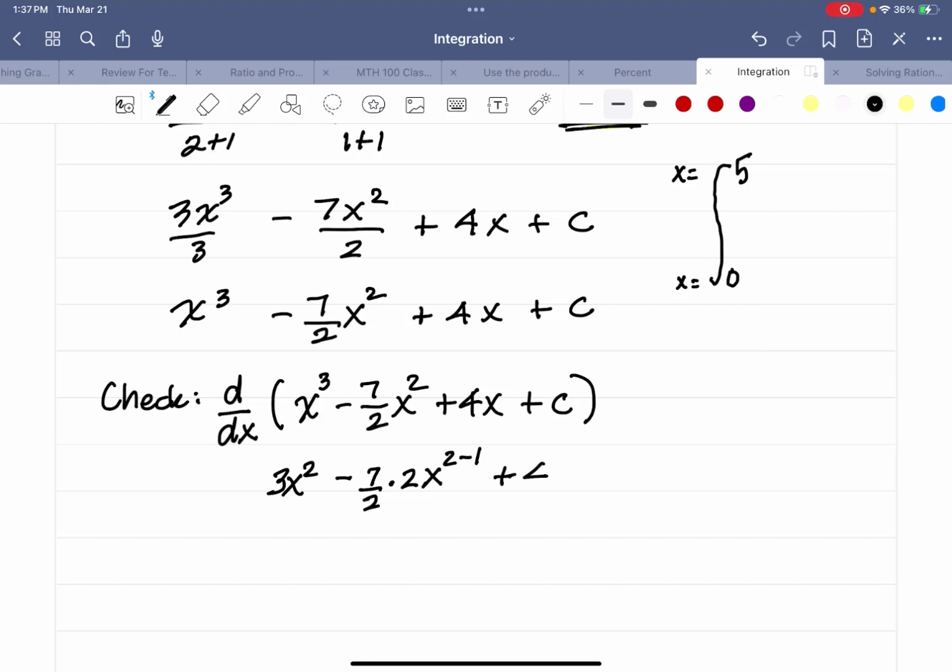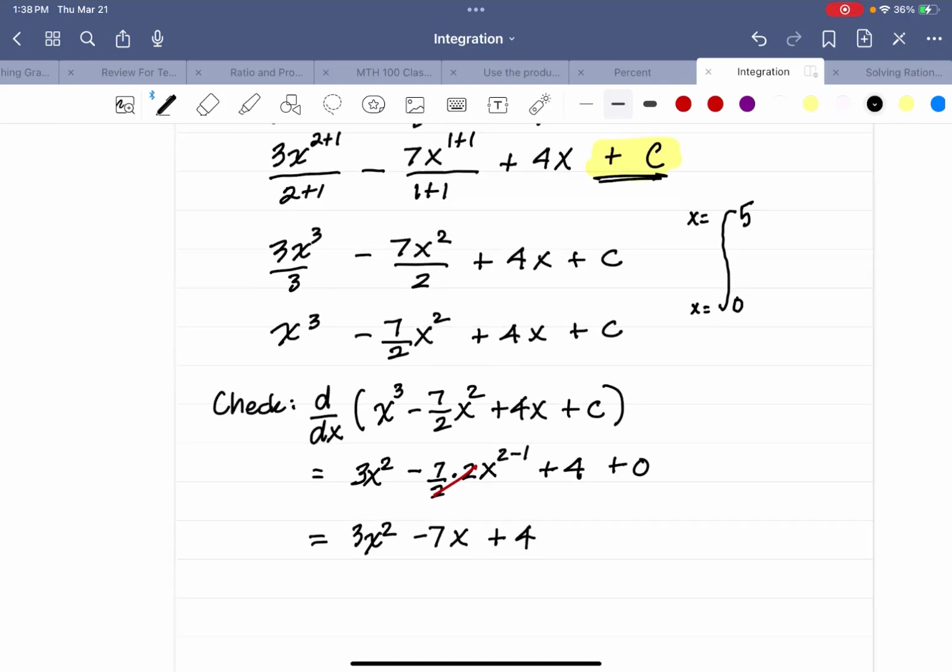It's going to be 4, and the derivative of that constant is going to be 0. Cleaning this up, 3x squared, and so these 2's will divide, so I'll get a minus 7x plus 4. And so that's my original function whose derivative had been taken.